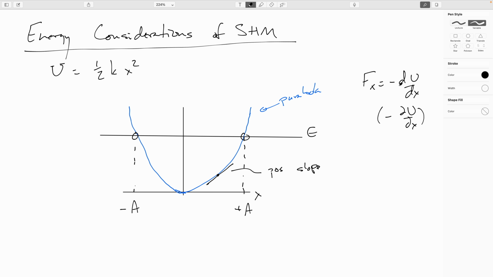Since the force goes as the negative of the slope, anywhere to the right here, where the slope is positive, we will be feeling a force back to the left. And by the same token, if I pick a typical point here, the slope of the tangent line is negative.